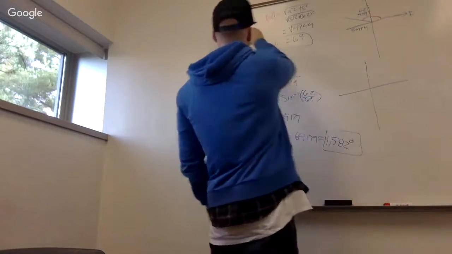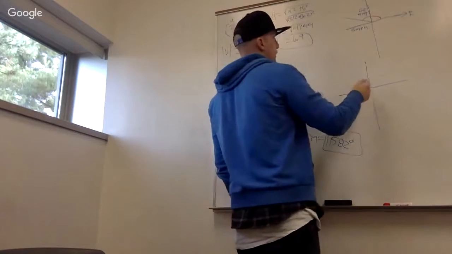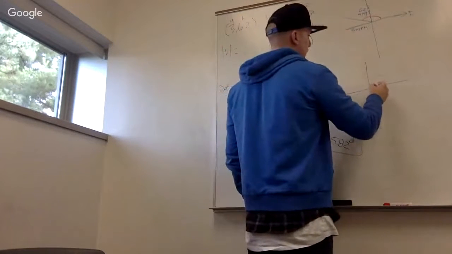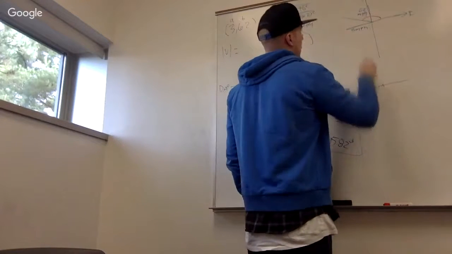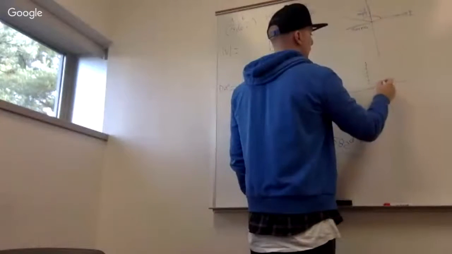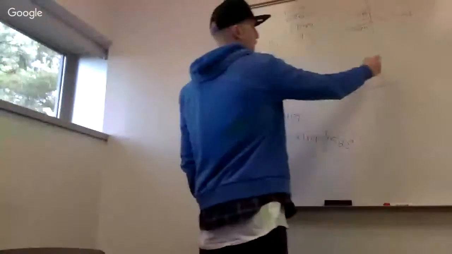So he gives us the point 3, 6.2. So we go over 3 and up 1, 2, 3, 4, 5, 6. It's right here.